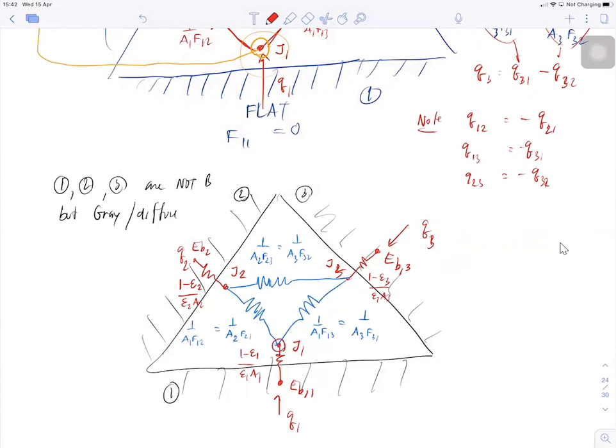okay, over here, this is what's happening. This is a representation. Circuit analogy representation.